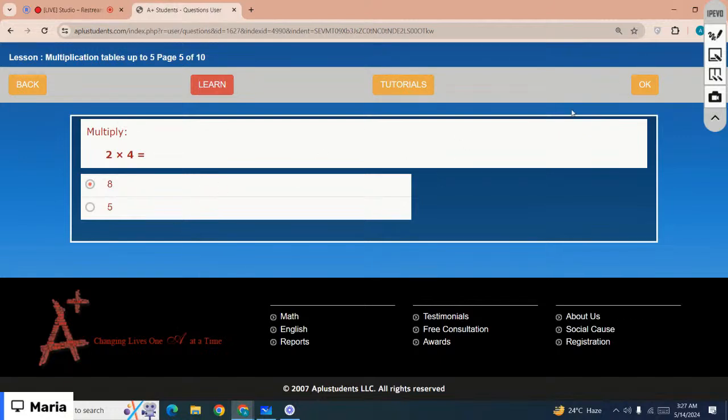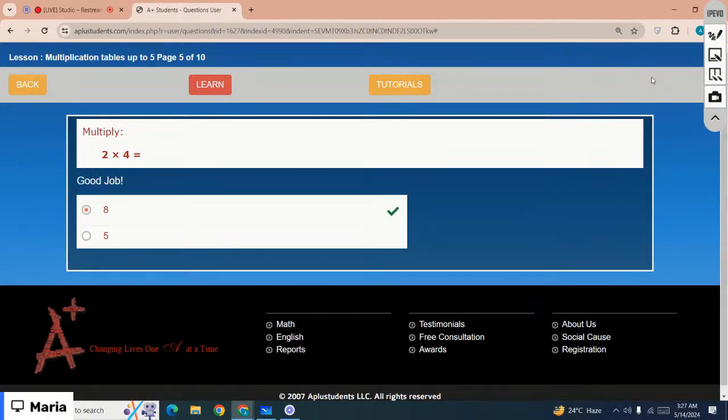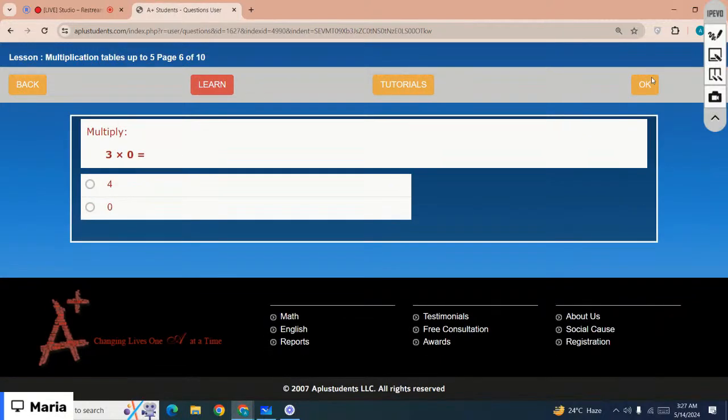The correct option is 8. 0 times 3 equals, the correct option is 0. It is 3 times 0 is 0.